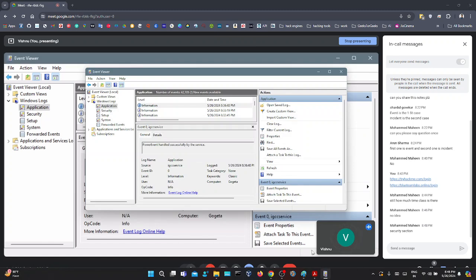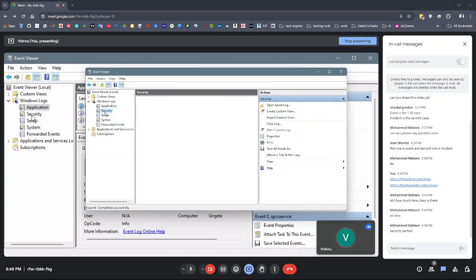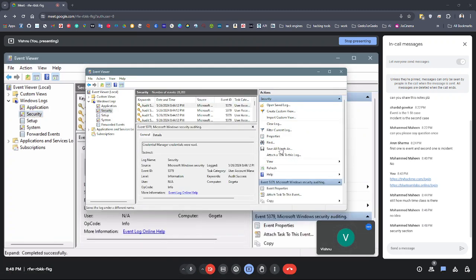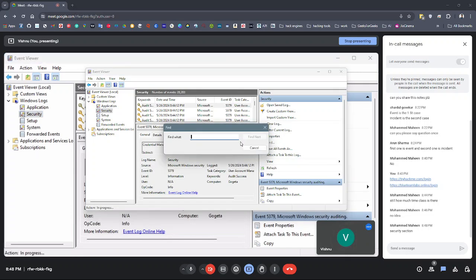Let me go to the Security section. Here I will search for firewall, and just wait a second. If there are any firewall related logs, it will show.